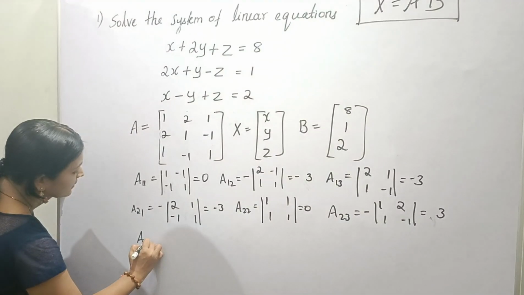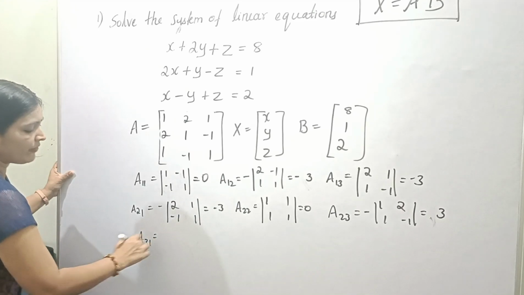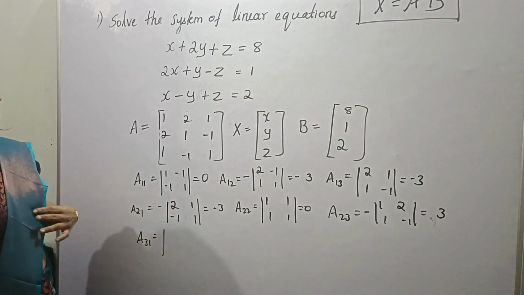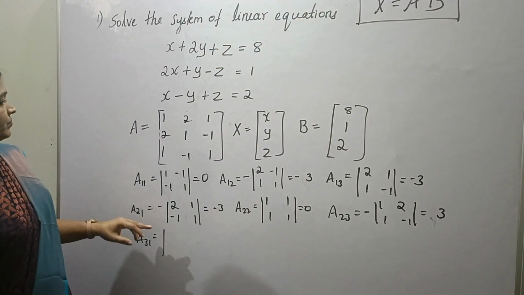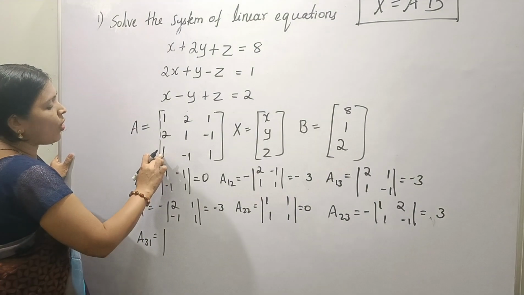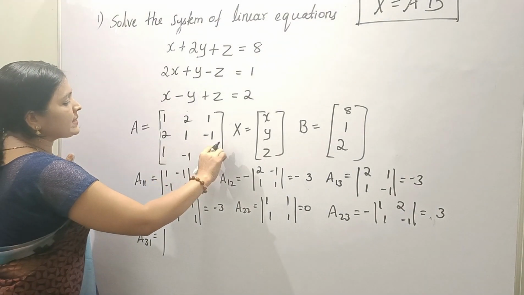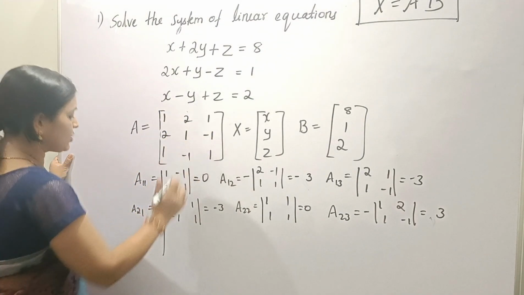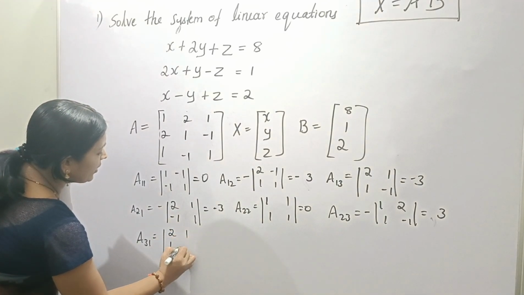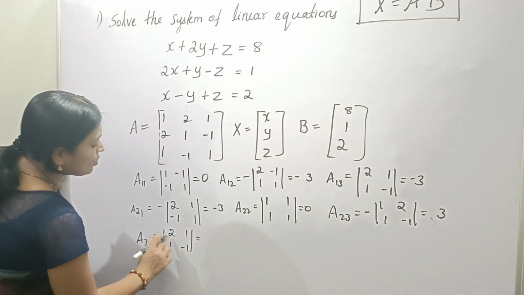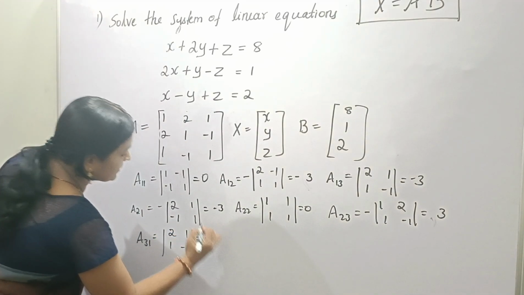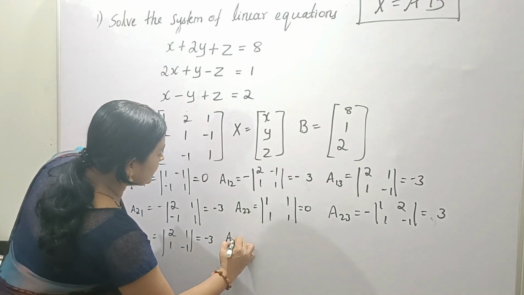Next, A31. A31 is plus. It is the cofactor of this 1. Remove this. So 2, 1, 1, minus 1. That is equal to minus 2 minus 1, which is minus 3. Next is A32.